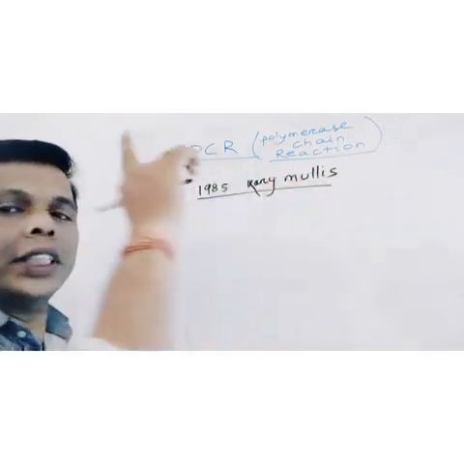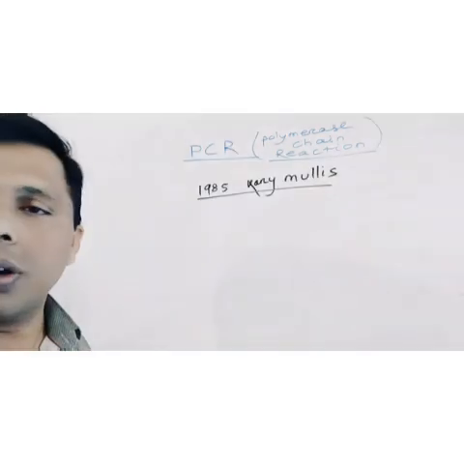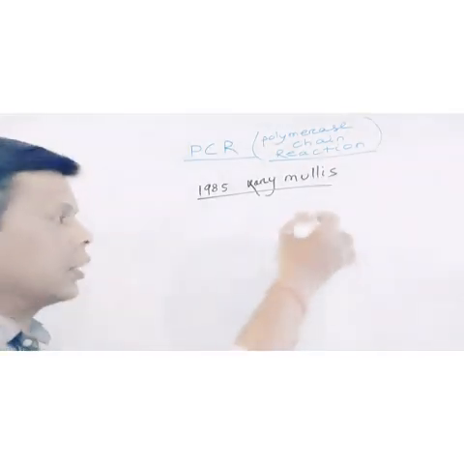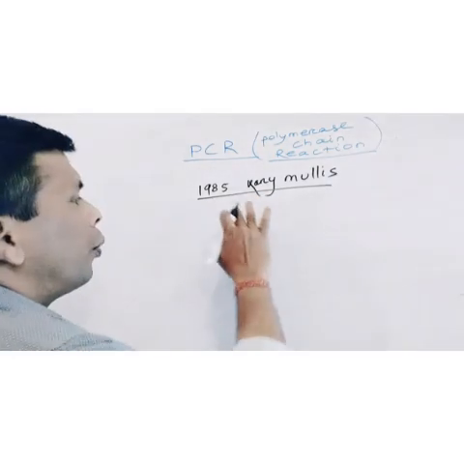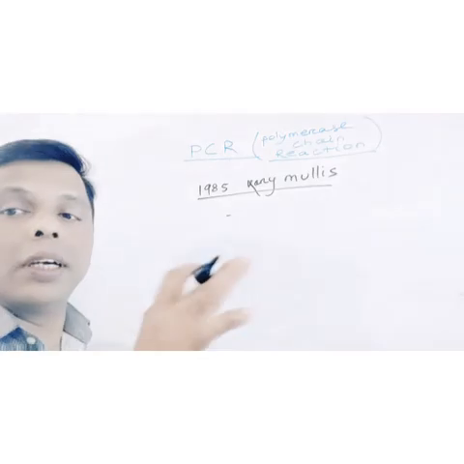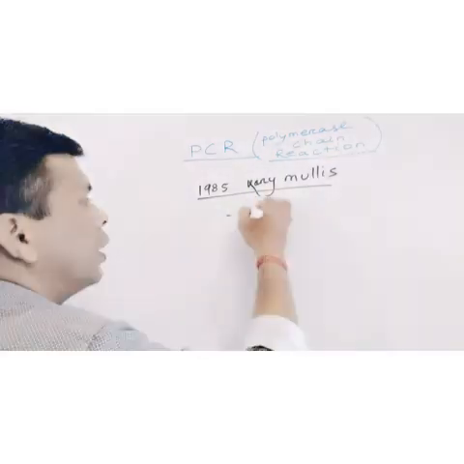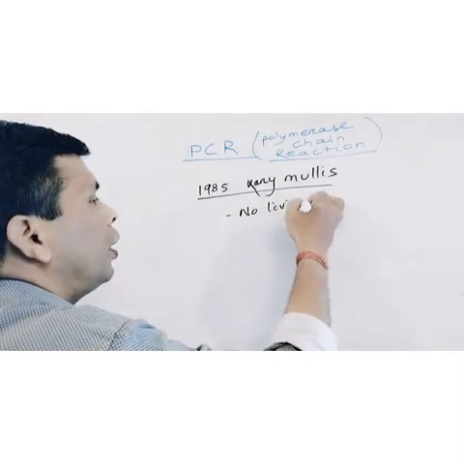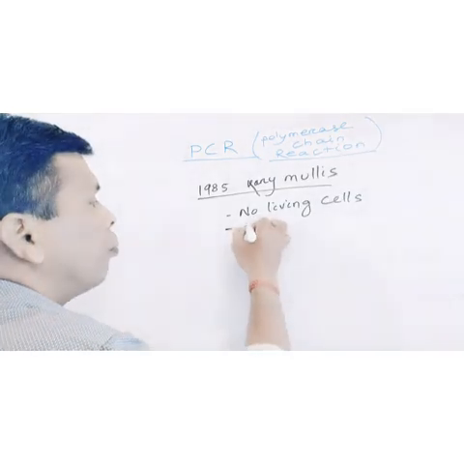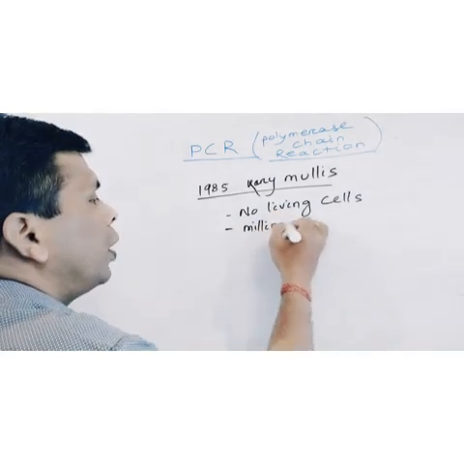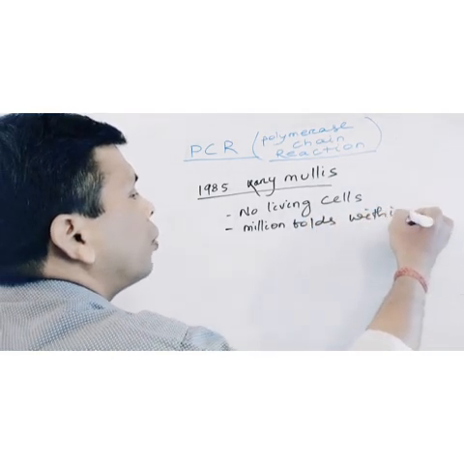It has specific advantages over recombinant DNA technology. What are the advantages? In recombinant DNA technology, we use living cells for the process of multiplication. Here, no living cells are needed. We can get millions of folds of DNA within a short period.